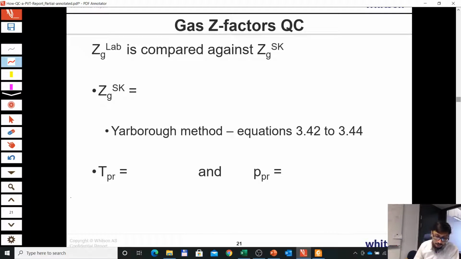So as I've already mentioned, the basic idea is that we will be comparing the lab reported gas Z factors with the Standing-Katz Z factor chart values.